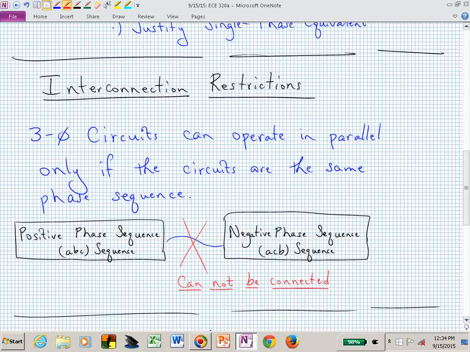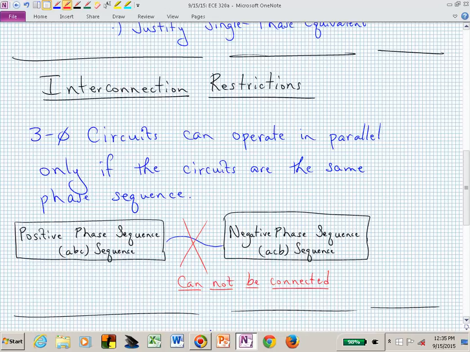Electrically, we've been saying these phases are these counterclockwise rotational spinning phasors, and positive is ABC, negative is ACB. But this is just a schematic that I'm trying to emphasize with the red X. Don't be connecting things. And this is more for you when you get out and you're working with these systems.